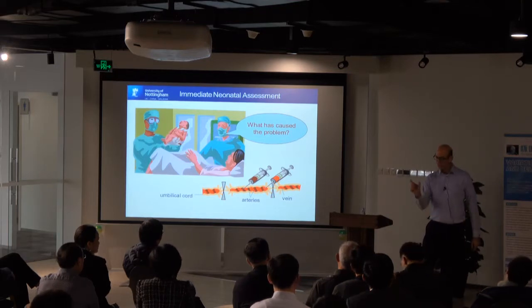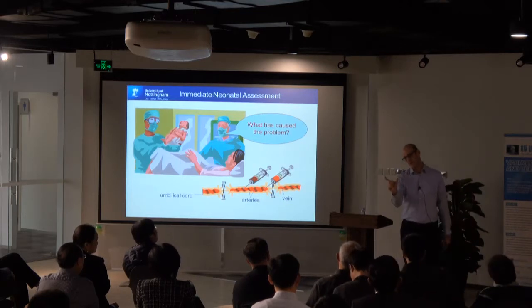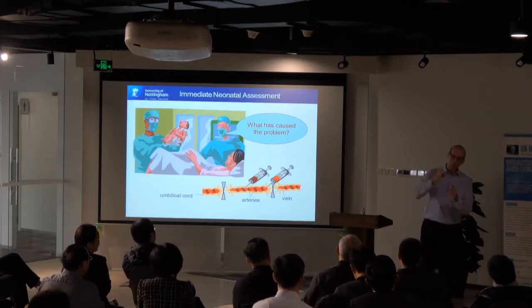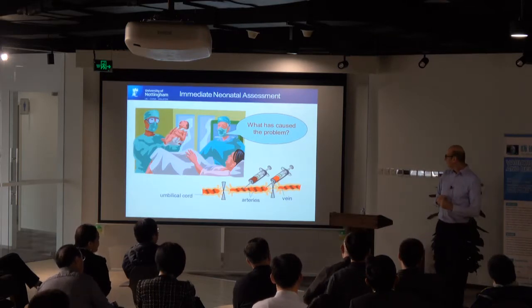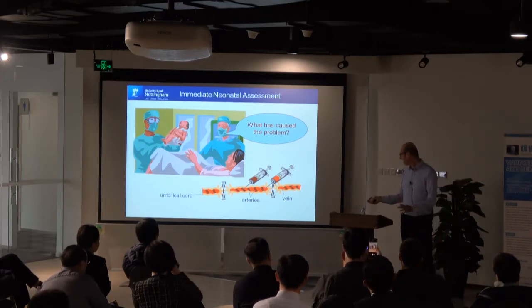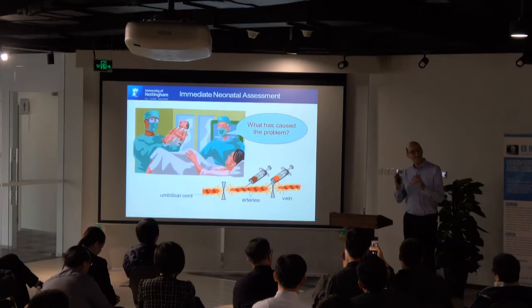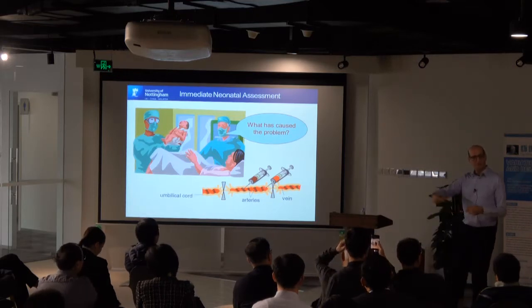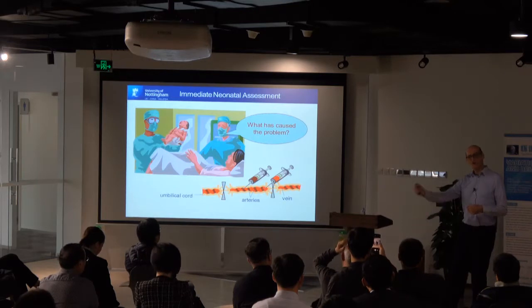They've got this little section of umbilical cord, sometimes 5 to 10 centimetres long, about the size of a finger. And in that umbilical cord, you've got the blood which was going into the baby and the blood coming out of the baby. So you have the oxygenated blood and the deoxygenated blood.